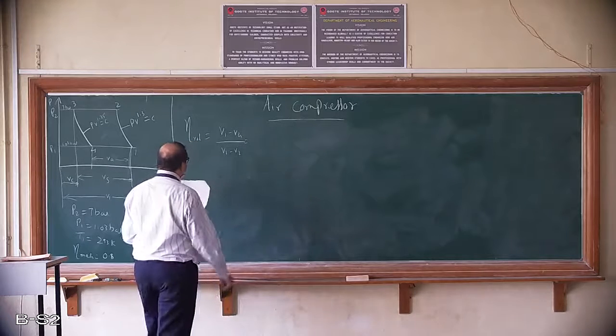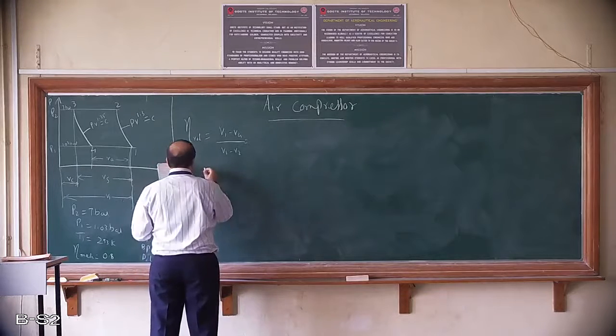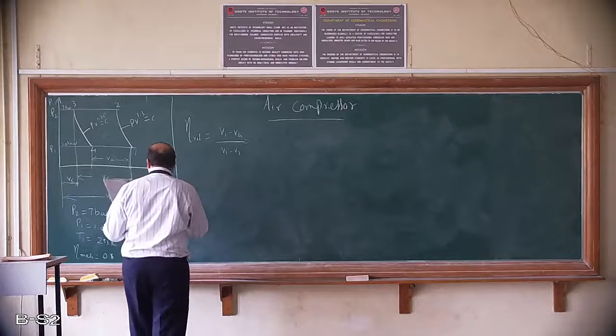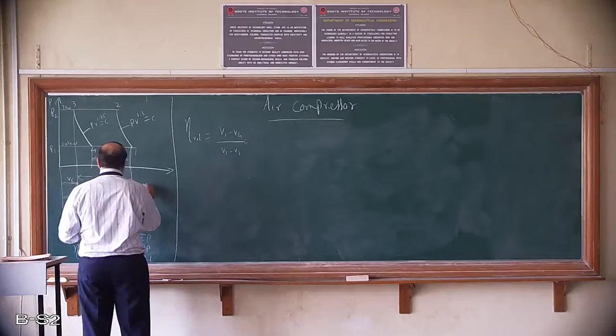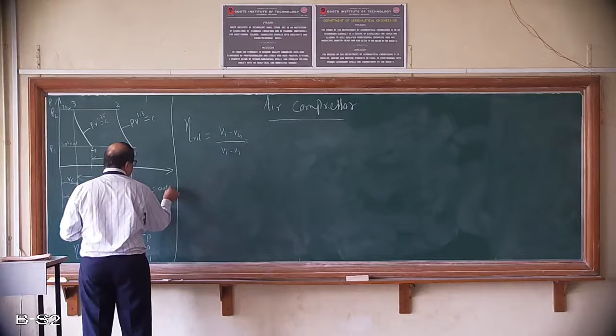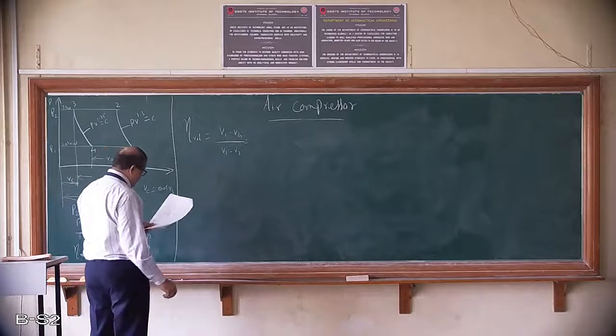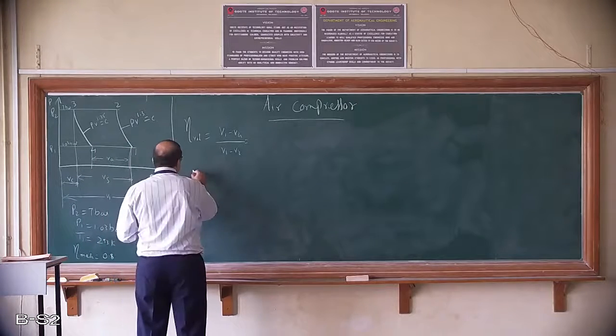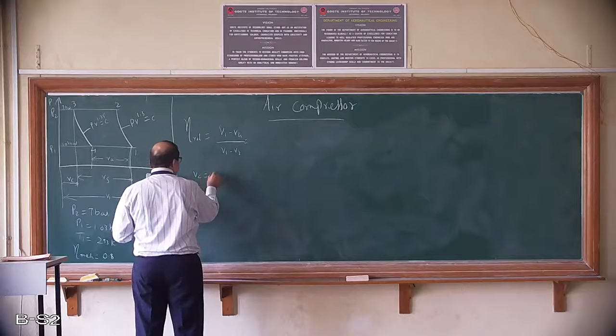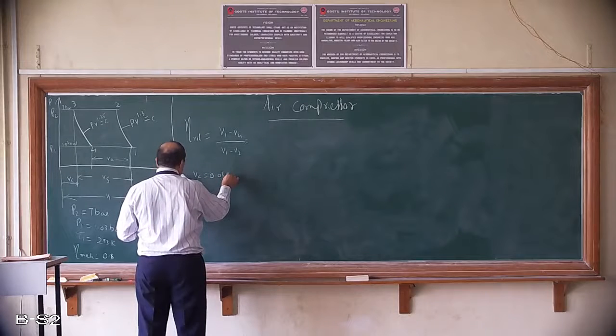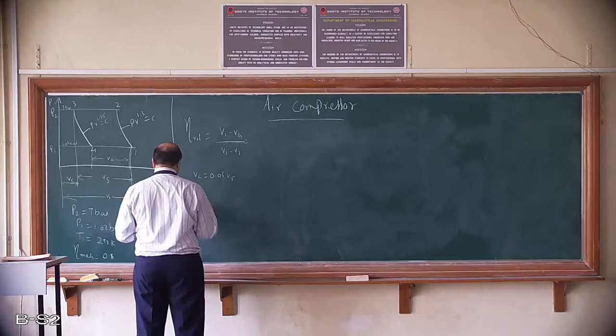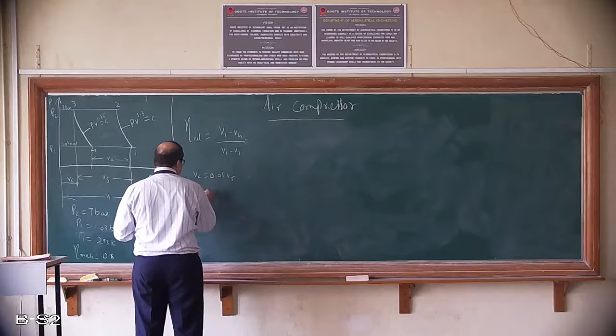Now, what is given? Compression, that is VC is also given, 5% of the stroke, that is 0.05 of VS is given. So VC is equal to 0.05 VS. So VC by VS is 0.05.